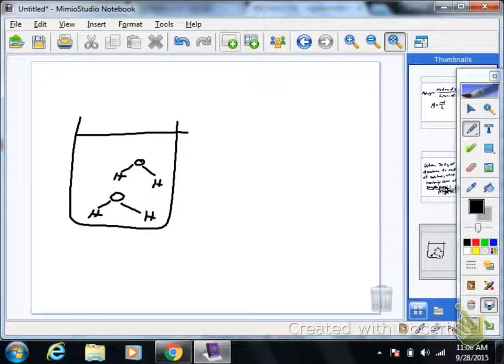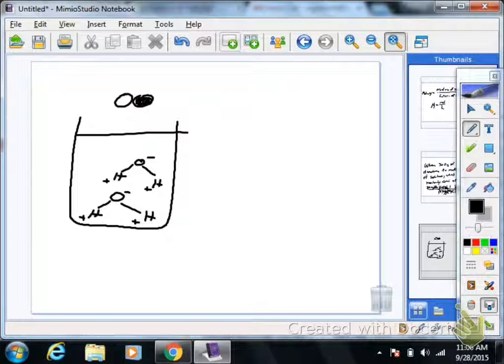H2O is polar. Polar means one side has a negative charge, the other side has a positive charge. We're not going to go into reasons how it becomes polar, but oxygen's negative, and the hydrogens are going to be slightly positive. They are called polar molecules.